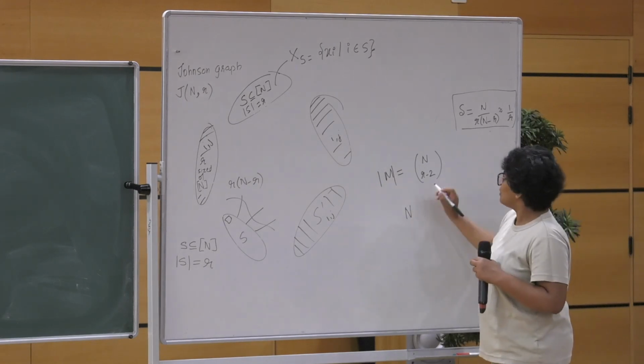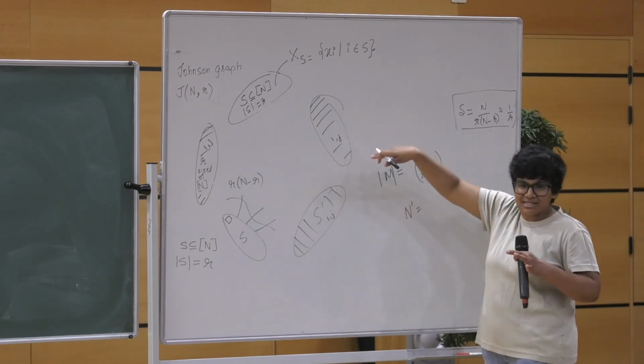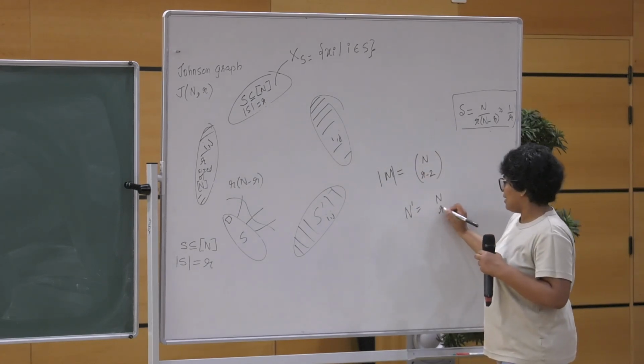And my n on this graph, so that is n dash, because the number of vertices in this graph was n choose r.